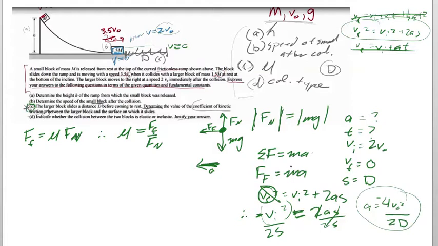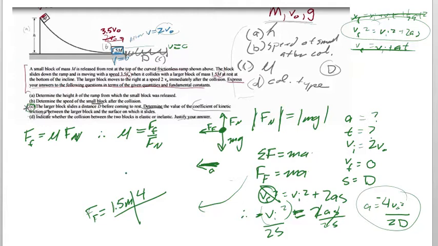So let's go back up. Force is mass times acceleration, the force of friction. I'm going to move that over here. So force of friction equals the mass of the larger block, 1.5 m, times 4v naught squared over 2d.